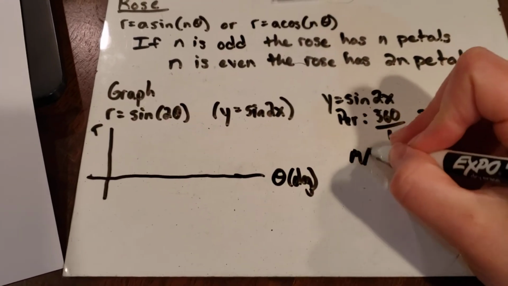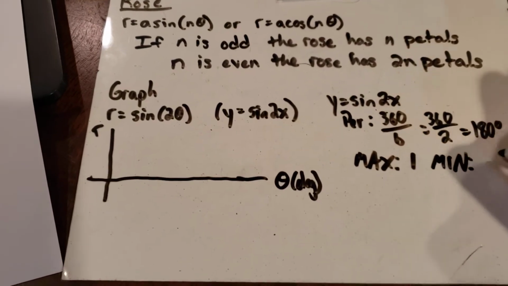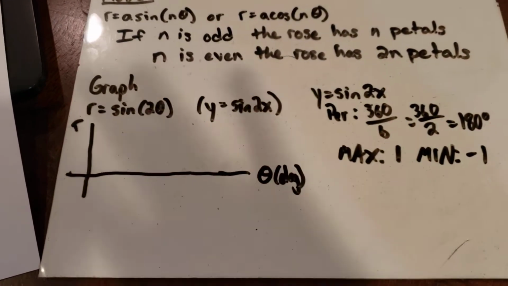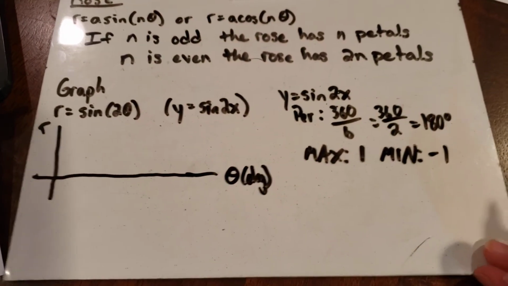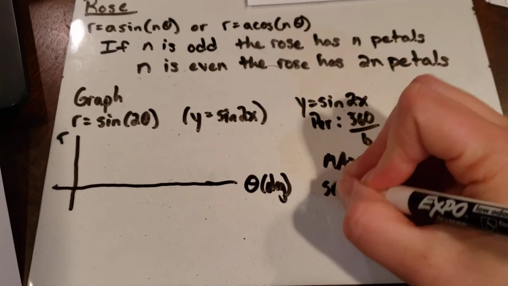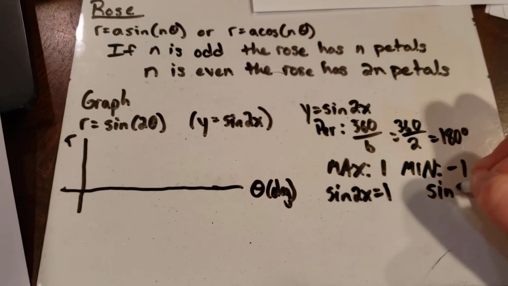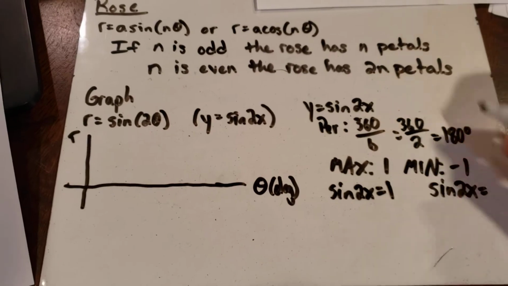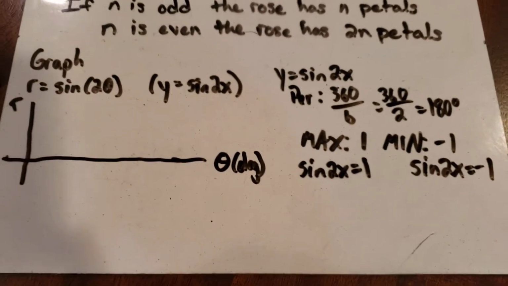So the maximum value that sine can be is 1. The minimum value that sine can be is -1. Now, what's going to be important with graphing rose curves is finding those specific values in which sine is the maximum, in which sine is the minimum.